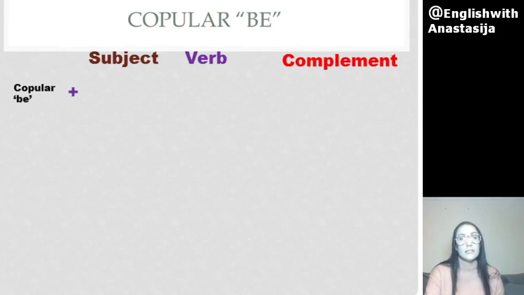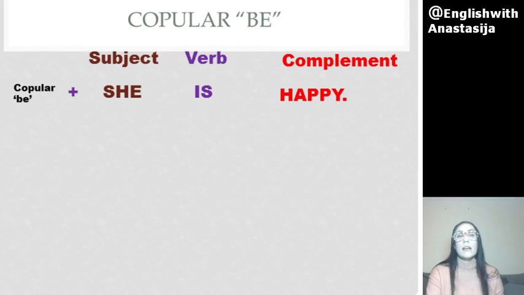The positive sentence is she is happy. So the verb to be, in this case the form is, links the subject she with the complement happy. So how do I ask a question? All you have to do is invert the subject and the verb.